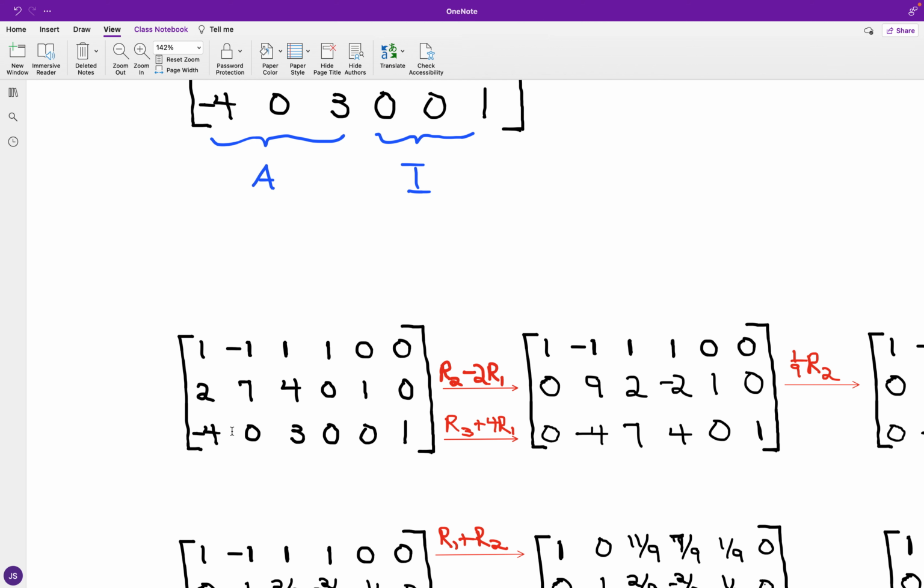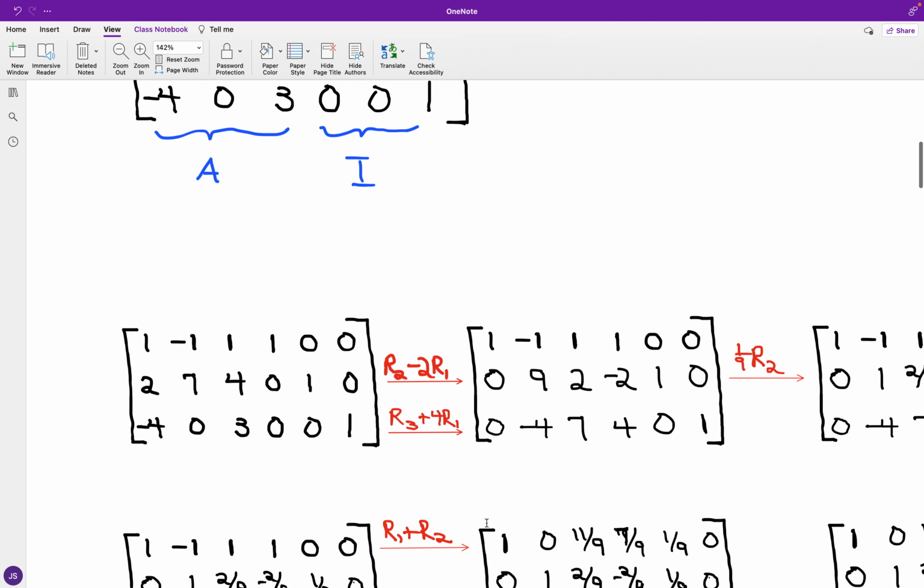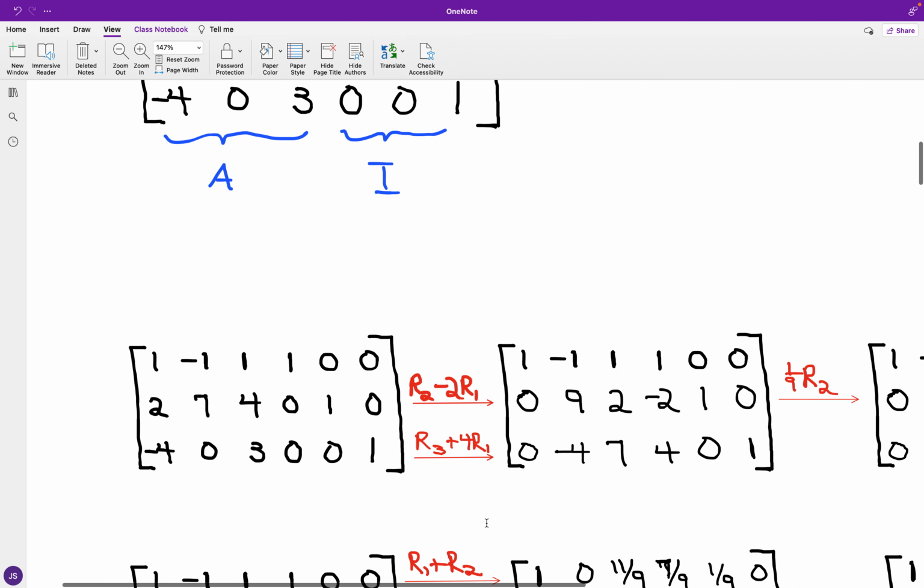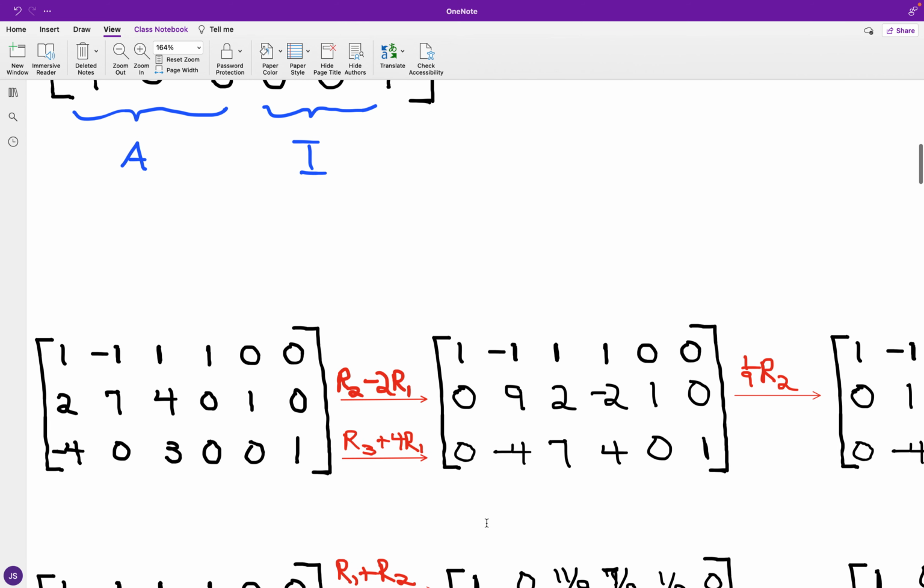So I'm going to make the 2 into a 0, and likewise the negative 4 converted to a 0. Performing the simultaneous operations, I'm going to take the second row elements and deduct twice the elements of the first row. And for the last row elements, I'm going to add 4 times the corresponding elements from the first row.